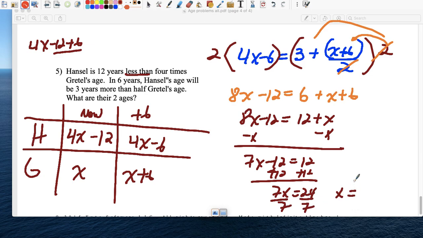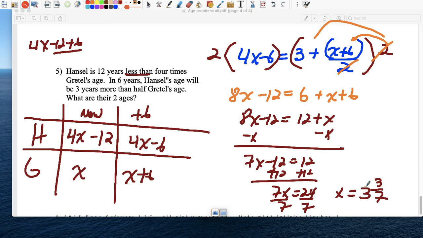x equals 3 and, that's kind of weird, 3/7. Hopefully that's not, well, there's nothing wrong with that. It's just that, hang on a second. And so is 12 less, let me just go back to the beginning.